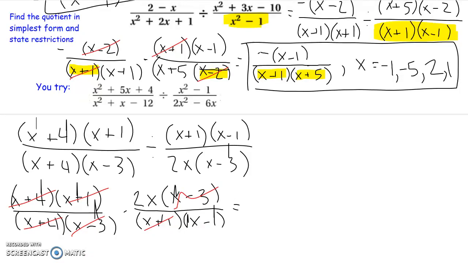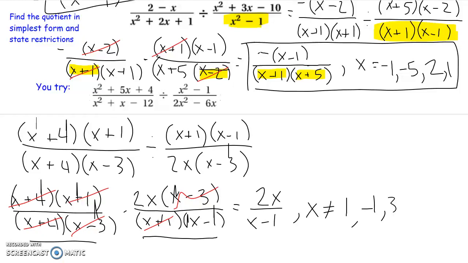This leaves us with a final answer of 2x divided by x minus 1. The restrictions on our domain are 1 and -1, coming from the denominator here, 3 and -4, coming from this denominator, and then we also have 3 and 0 coming from this denominator, so we need to add 0.